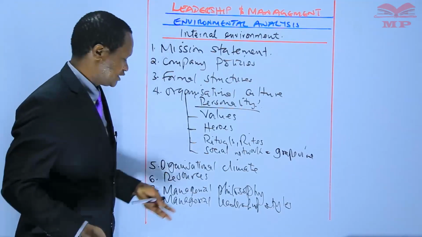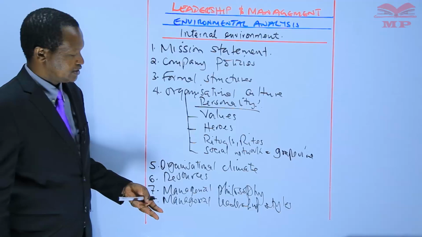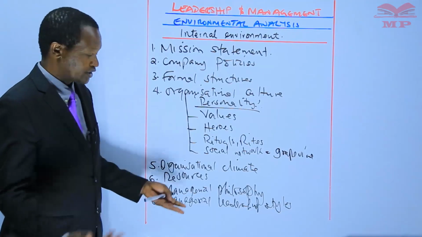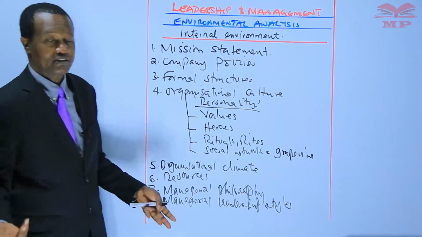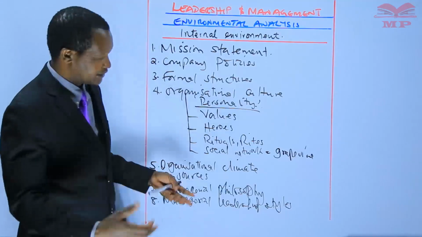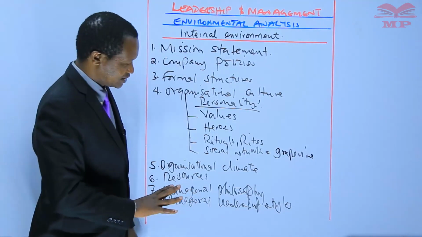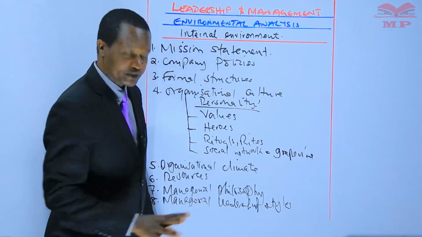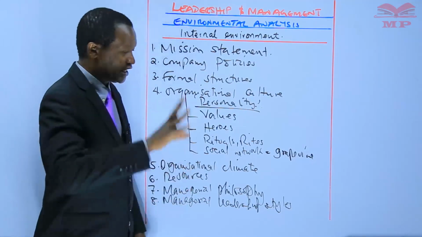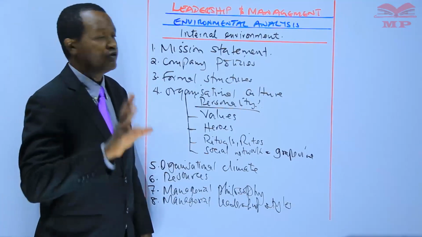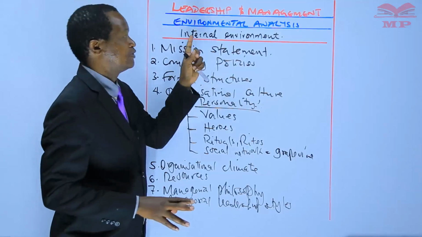The style of leadership. There are many different styles of leadership. We may have a democratic style of leadership. We could have a dictatorial style of leadership. We have laissez-faire style of leadership. So the style that a manager adopts in leading an organization forms part of the internal environment.